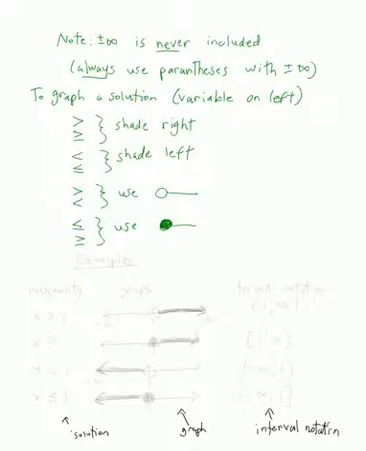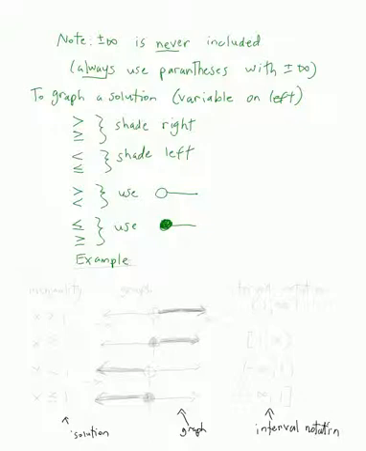So let's put all of this together and let's do some examples. We're not going to actually solve inequalities here. What I'm going to practice doing is just writing down an inequality and then graphing it and putting it in interval notation.